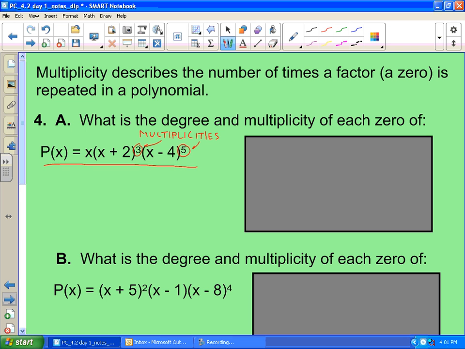All right, so we already looked at the previous problem, how you find the degree of a polynomial with a bunch of factors. Remember, you add the powers of the x's. So we have x to the first power here, and then an x to the third, and then an x to the fifth. So this actually, degree-wise, would be a 9th degree polynomial. Now, in terms of multiplicity, we have zeros of 0, negative 2, and 4.